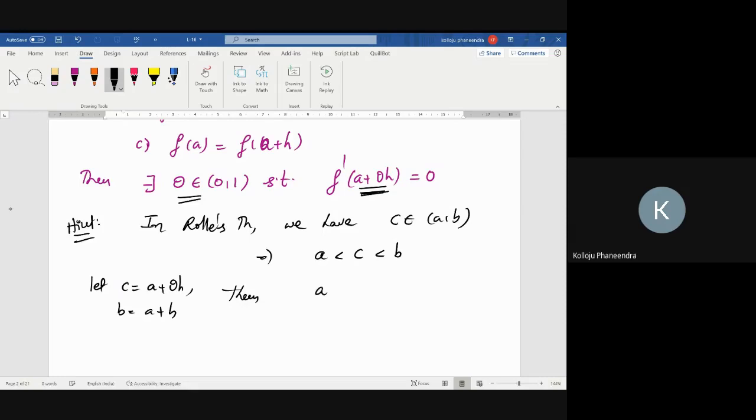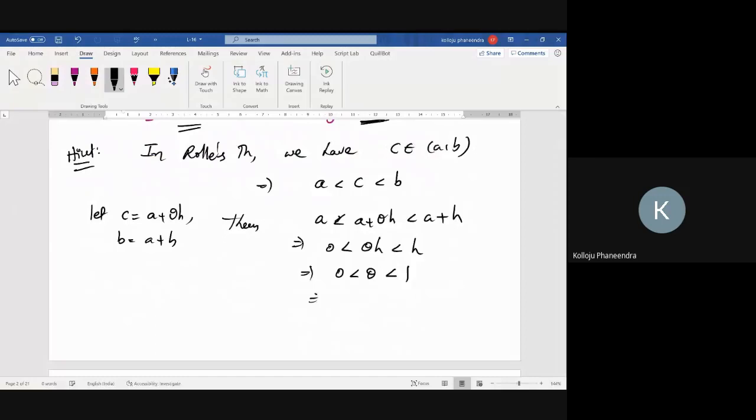Then this is A less than A plus theta H less than A plus H. This implies, subtracting A, theta H less than H. Now H gets cancelled. This is 0 less than theta less than 1. That means theta belongs to open 0 comma 1.